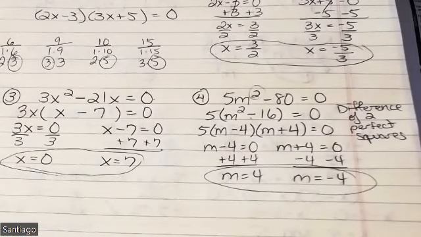I want to remind you all that unless the problem says to solve, you're not going to solve, okay? So there will be some problems on the test where all I'll say is factor. That does not mean you introduce an equal sign with a 0 and then you solve it. Please don't do that.